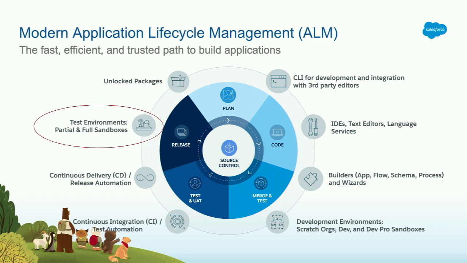There is Quip, where you can manage your project timelines and come up with your product requirements. There is the Salesforce command line interface, or the CLI, which aggregates all the different APIs within Salesforce. There are plugins for code editors, such as VS Code, that let developers write Apex, SOQL, and Lightning Web Components very easily. There are developer environments such as Dev and Dev Pro sandboxes and scratch orgs, where you can make changes securely without affecting your production org.